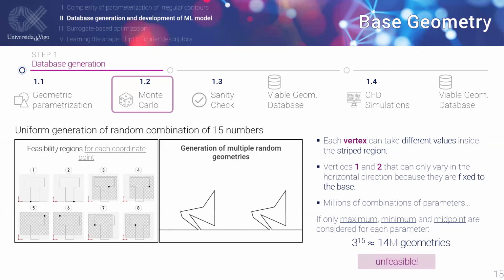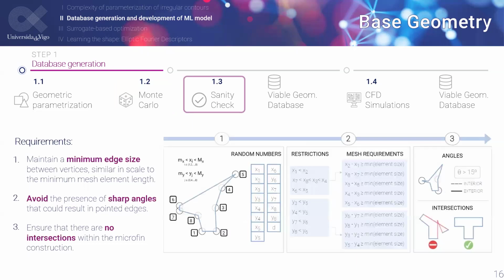As I've mentioned, there are thousands and millions of combinations of these 15 numbers that you can do. So basically we just generated a few thousand, and then we made sure that all of the combinations of these 15 random numbers follow this sanity check, or feasibility assessment, that we call.